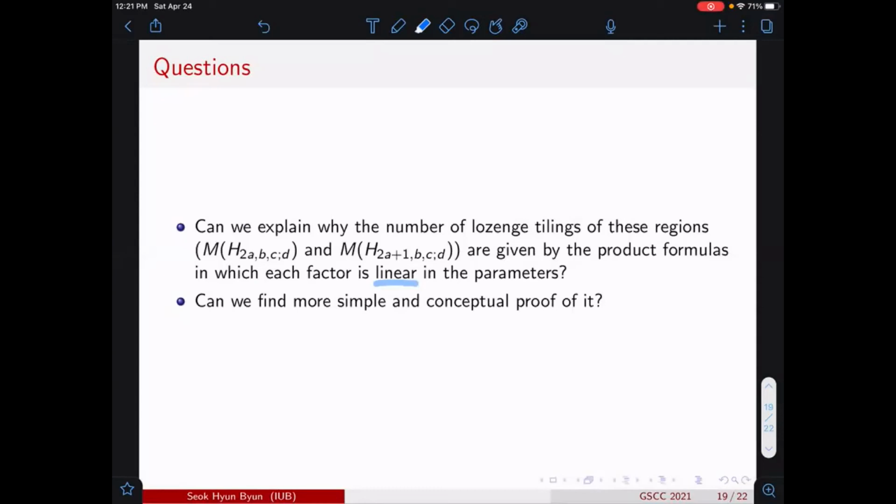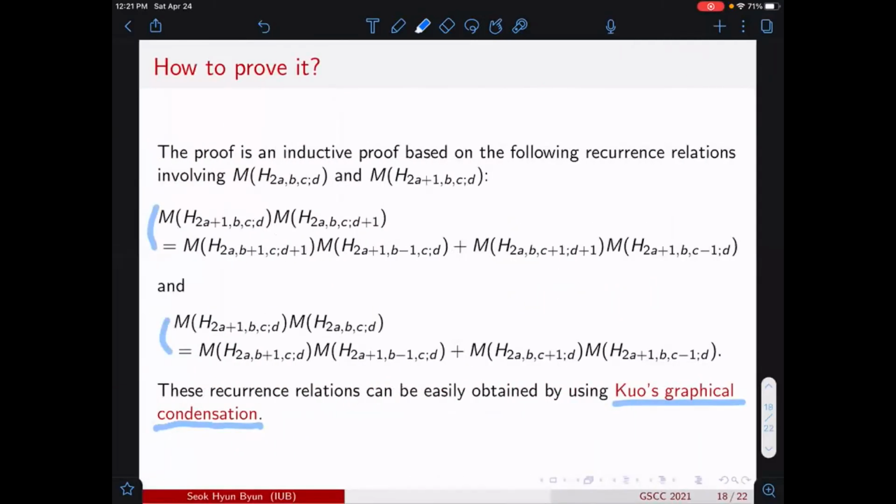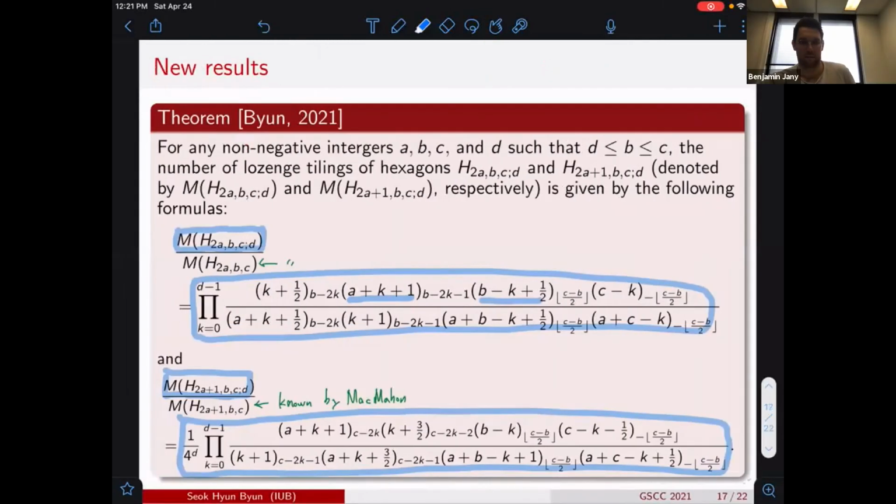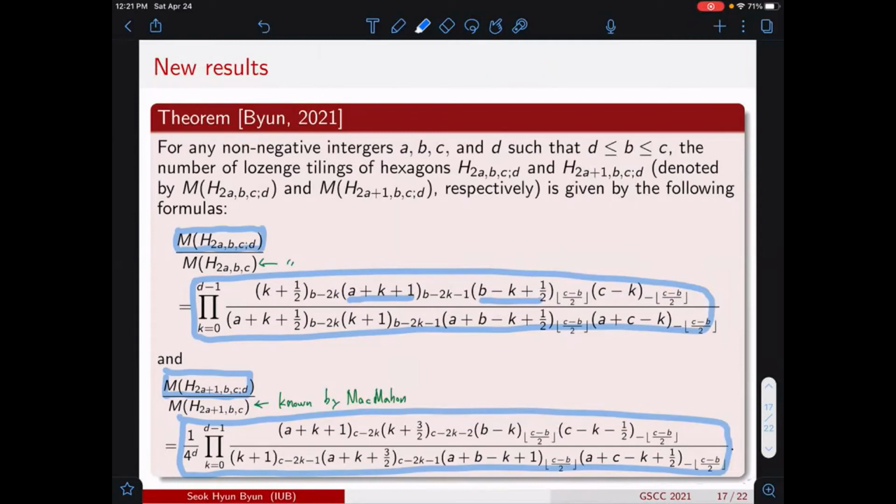As I told you, the proof is inductive, which means I should have guessed this formula. But hopefully I want to see a better proof, which can prove this without guessing this formula. So that's all the comment that I have.